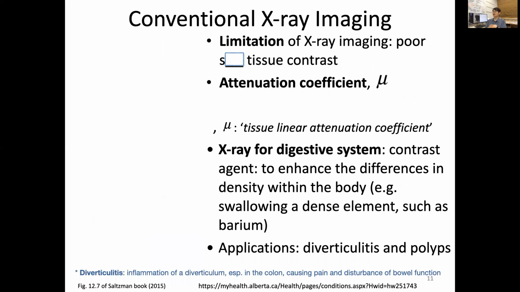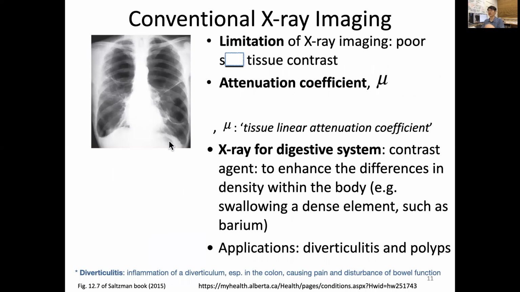Okay, so conventional X-ray imaging also has limitations, and I want to show a conventional chest X-ray here. You can see the bones very well, but somehow you cannot see many things inside these lungs. So that is poor soft tissue contrast. Because the contrast mechanism is the absorption of the X-ray, bone is the most easily absorbing of the X-ray.